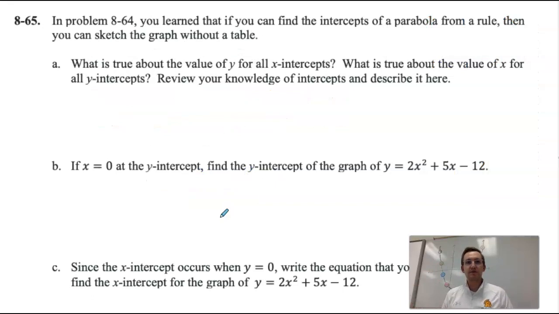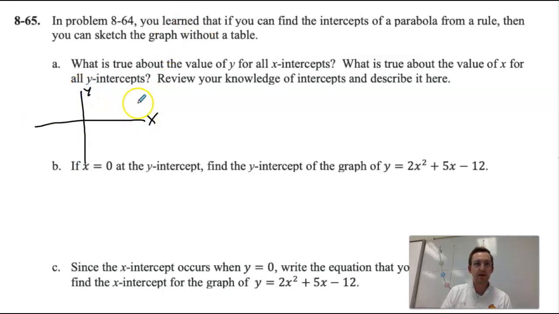So in problem 64, we learned that if we can find the intercepts from the parabola from the rule, that we can sketch the table or the graph without a table. So let's take a look at A here. What is true about the value for y of all x-intercepts? So again, if we're going through the x-axis, so if I draw a rough coordinate plane here, if we look at our x-intercepts, again, this is our x-axis, this is our y-axis.